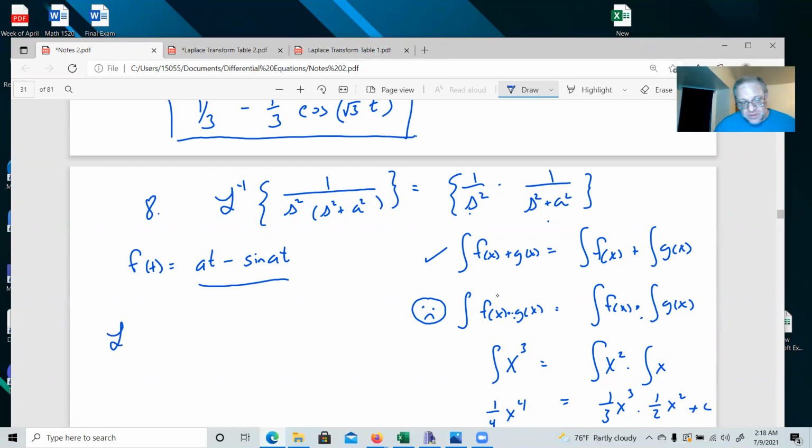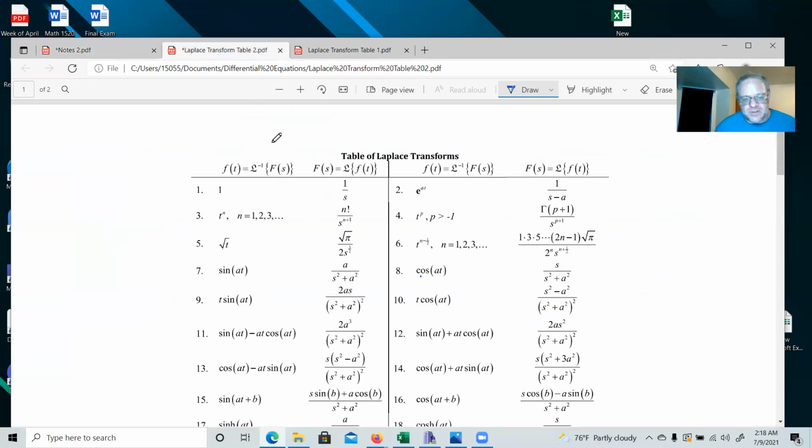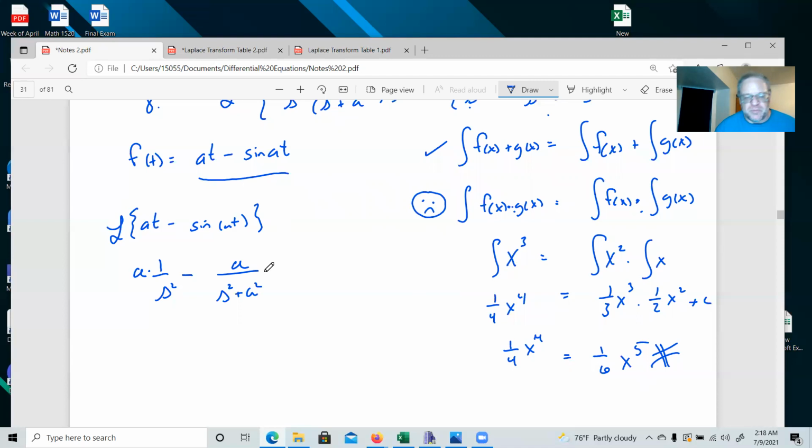So the Laplace transform of at minus sine of at, that's going to be a over s squared, that's what t is, minus, and then sine of at, wasn't that a over s squared plus a squared? Let's check. Sine of at is a over s squared plus a squared. Hey, that's pretty good.